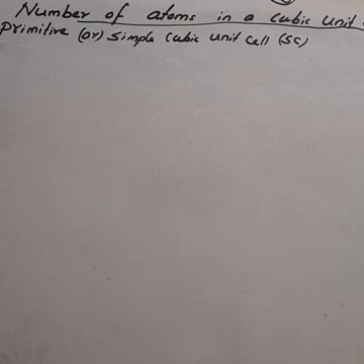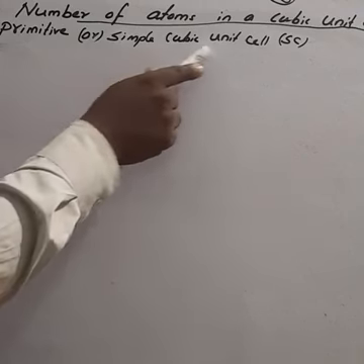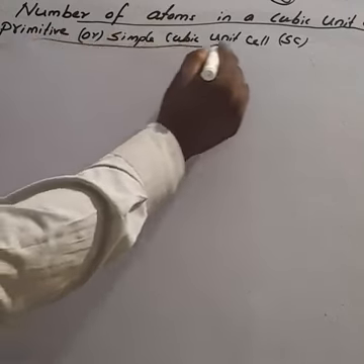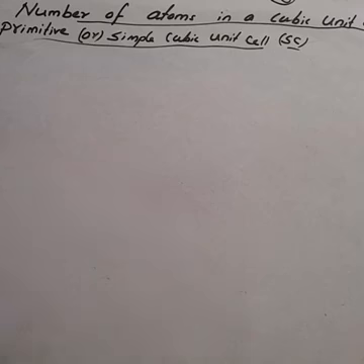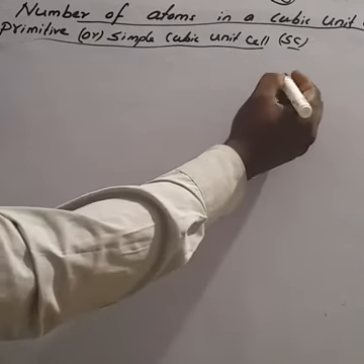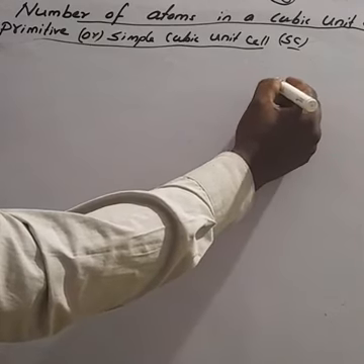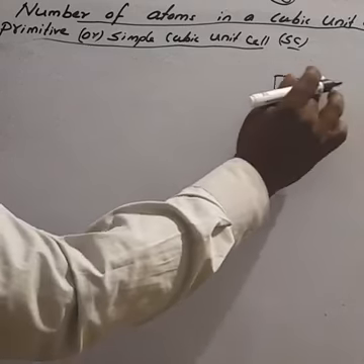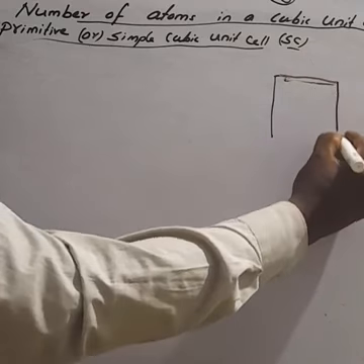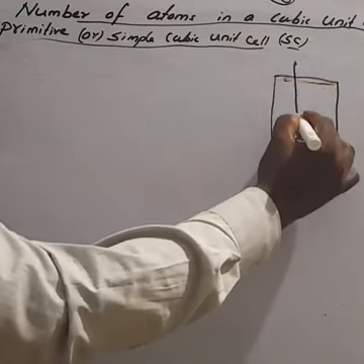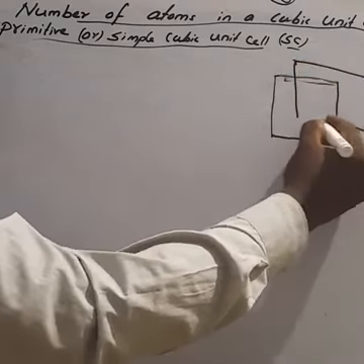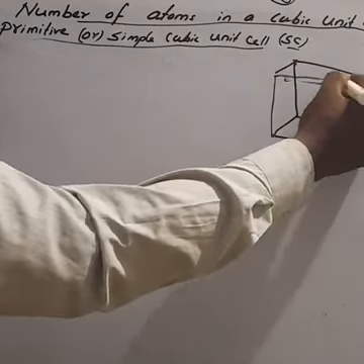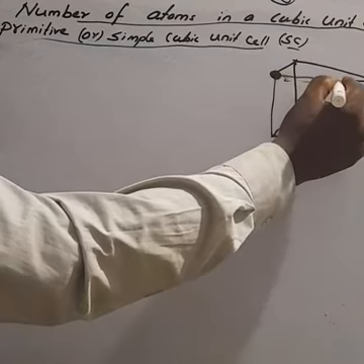One is the primitive or simple cubic cell, which can be said as SC. First, I am going to draw one of the simple cubic unit cells. This is one of the simple cubic unit cells.